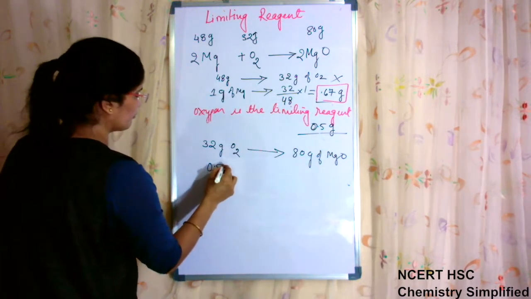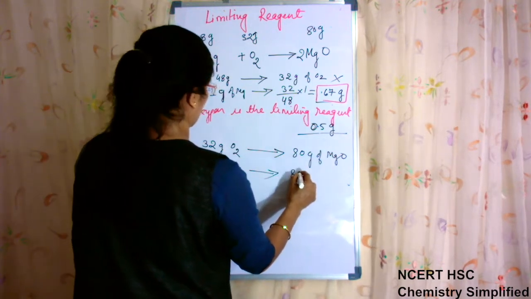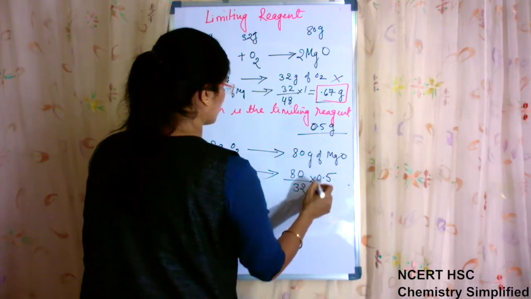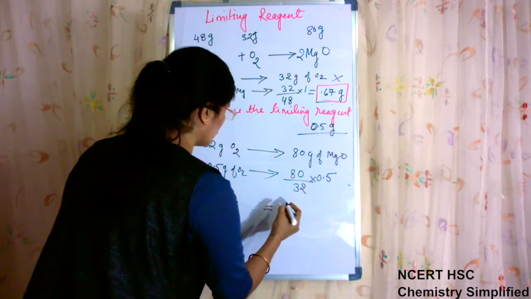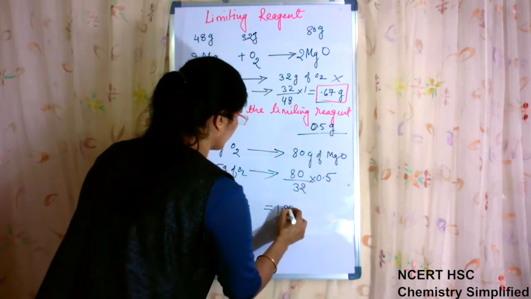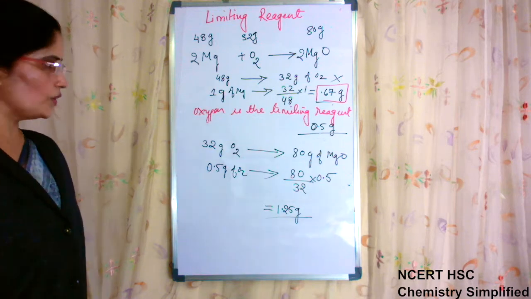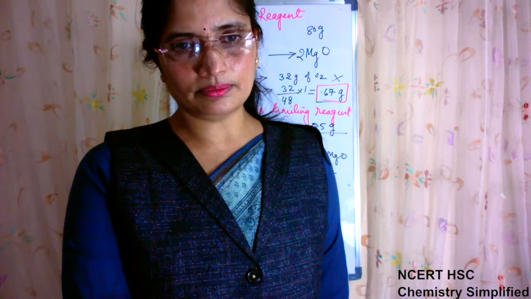So 0.5 grams of oxygen will produce 80 upon 32 into 0.5, which comes out nearly 1.25 grams. So the product is 1.25 grams. Is it clear?